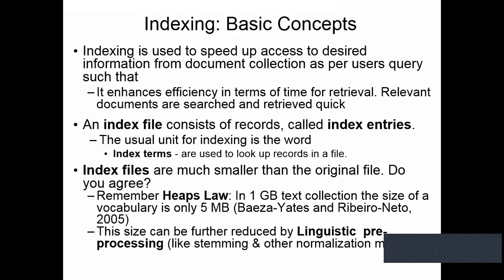But what if you collect 1024? The logarithm of 1024 to the base 2 will give us how much? 10 only. So as the document collection increases, the number of distinct words that we collect increases logarithmically, that means increasing at a decreasing rate.